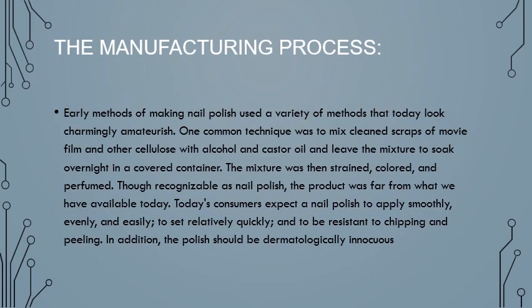The manufacturing process. Early methods of making nail polish used a variety of techniques that today look charmingly amateurish. One common technique was to mix cleaned scraps of movie film and other cellulose with alcohol and castor oil, and leave the mixture to soak overnight in a covered container.